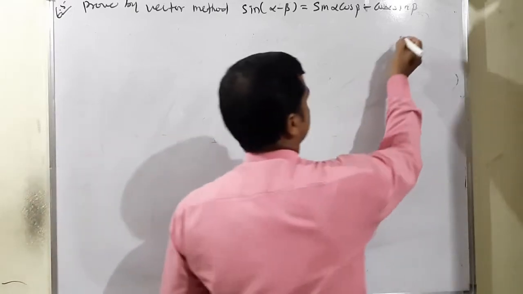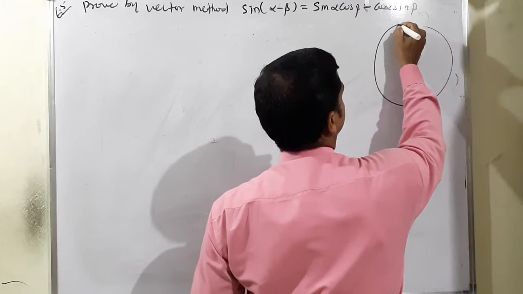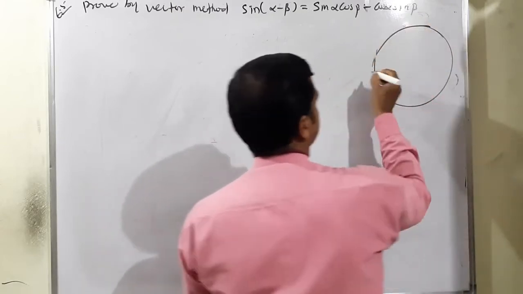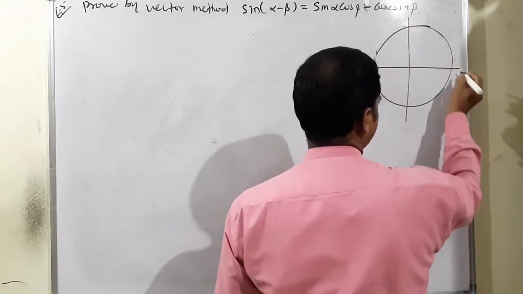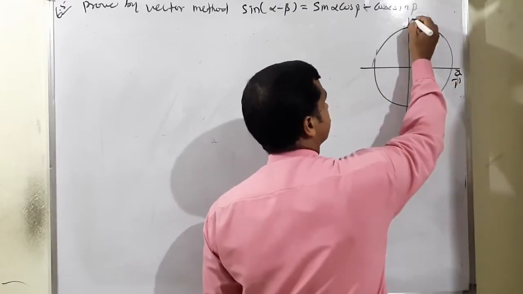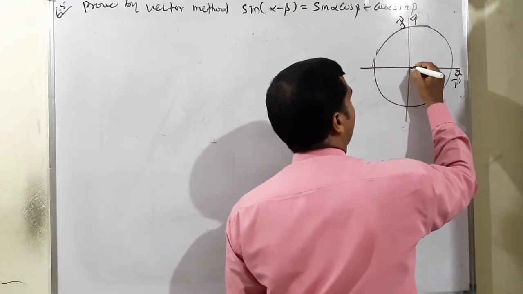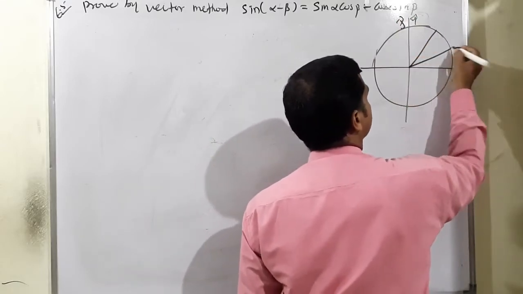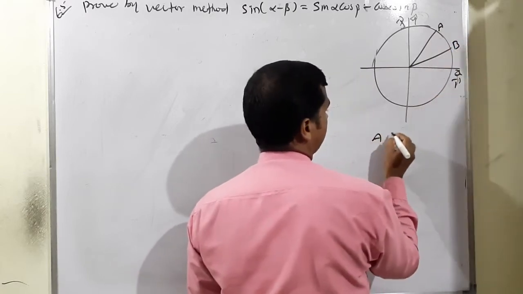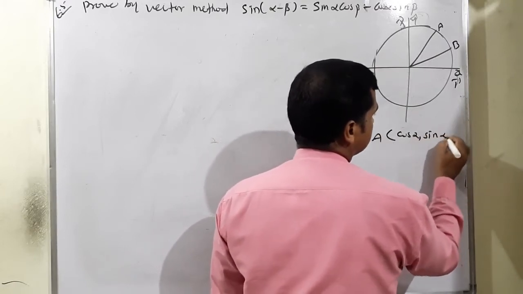Okay. First you have to consider a unit circle. The x-axis is the i vector, and the y-axis, the unit term, we consider as the j vector. This is point A, this is point B. For A we already know the coordinates: cos alpha, sin alpha.